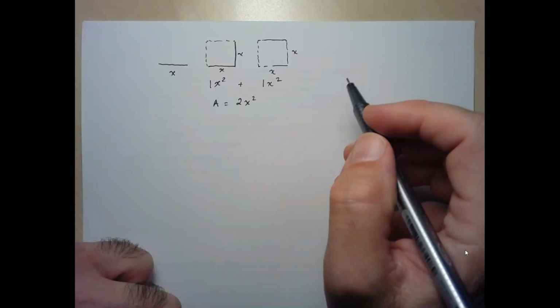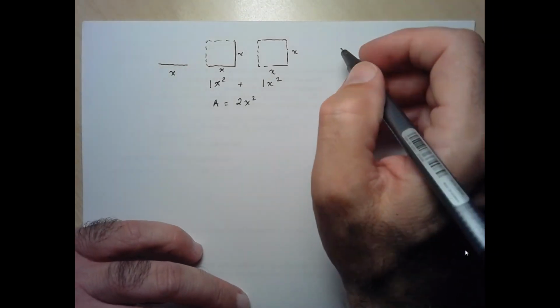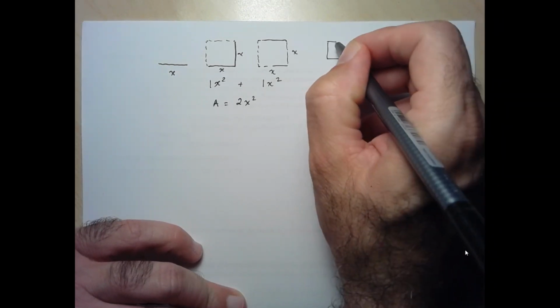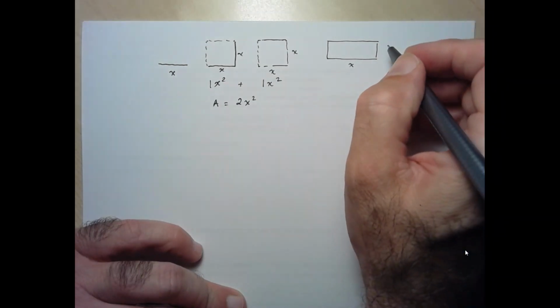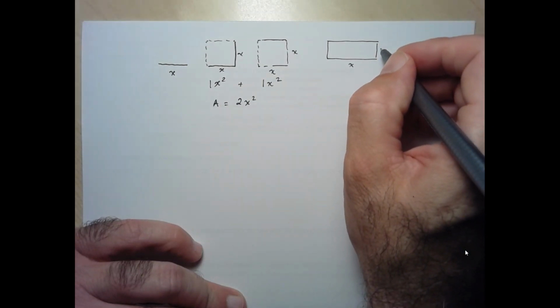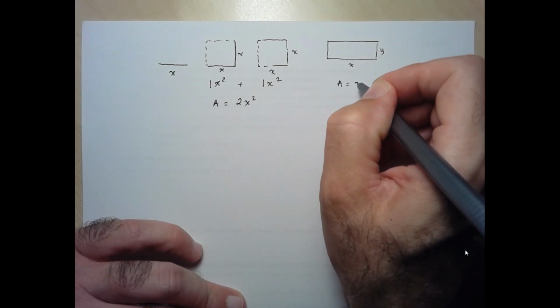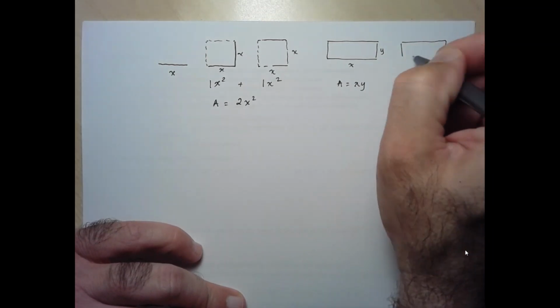Now, there's nothing that says that we can't multiply 2 different variables. So as an example, let's say I've got a rectangle where the length is equal to x and the width is equal to y, then the area would be given by x times y. And again, I could have 2 of these rectangles.